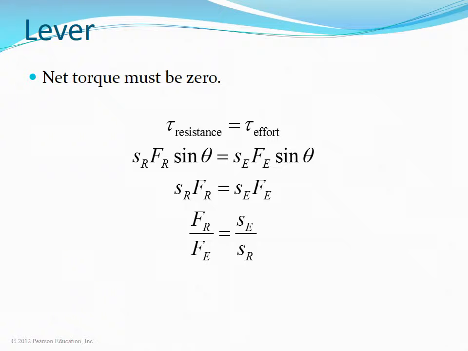Since net torque must be equal to 0, the torque due to the effort is equal to the torque due to the resistance. The two torques are at an angle which we assume to be 90 degrees. The ratio of the resistance force to the effort force must equal the ratio of the effort distance to resistance distance.